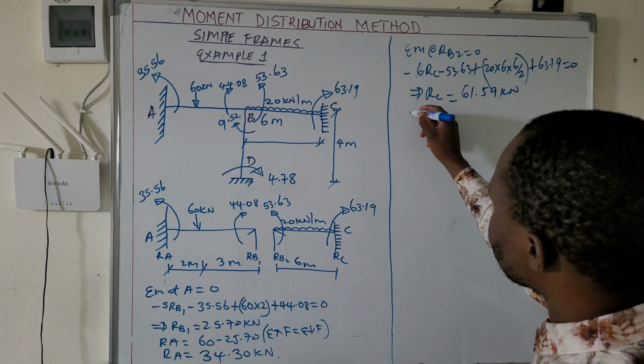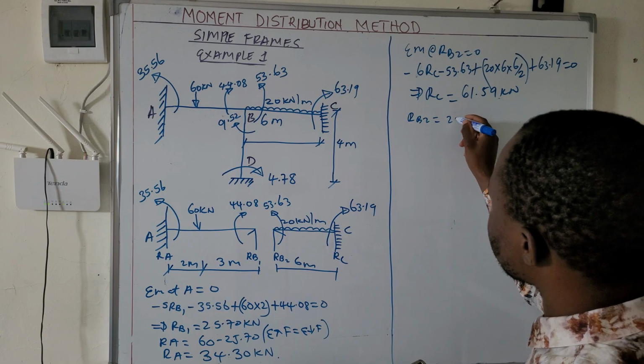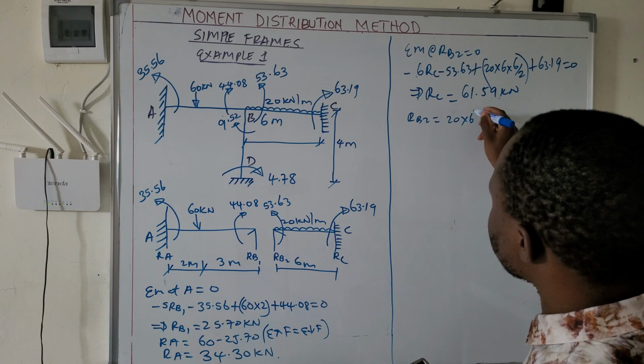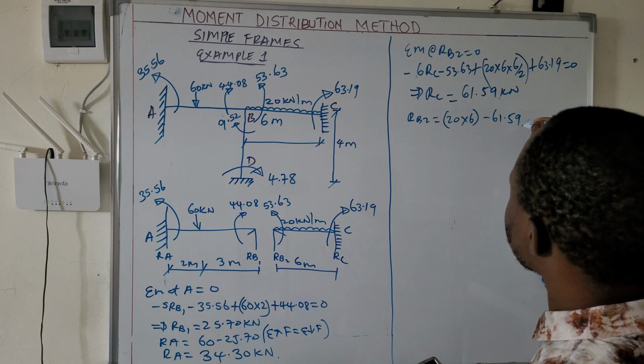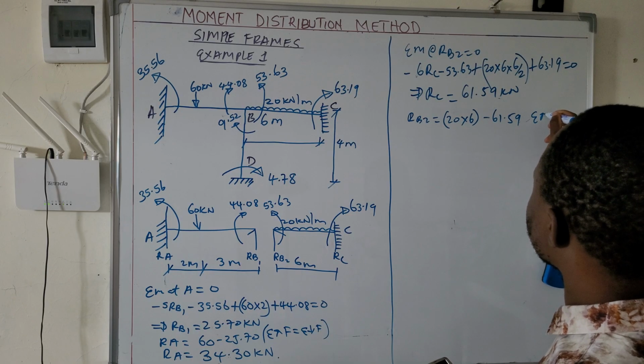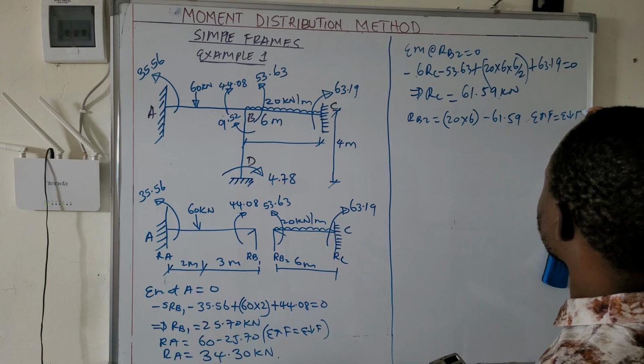So RB2 is equal to 20 times 6 minus 61.59. Summation of upward forces is equal to summation of downward forces. That is the reason for that.